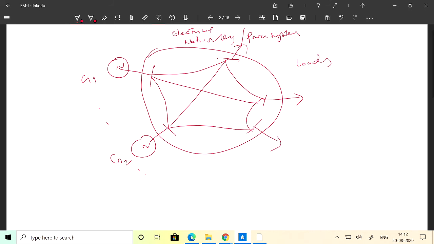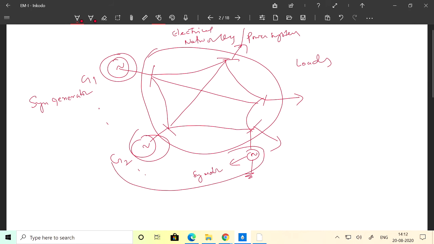Okay, so these generators are synchronous generators. There may be a few synchronous motors as well.